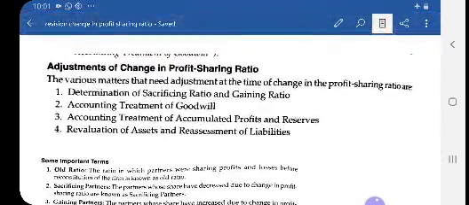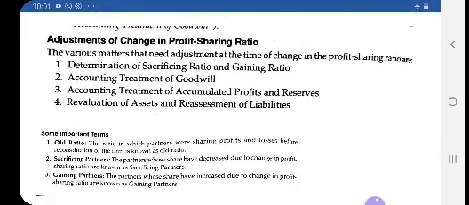Then what will you do? Again the same, you calculate gain and sacrifice first. Second, as I already discussed, you calculate the net amount by adding the credit items of revaluation and deducting the debit items of revaluation. Then you calculate the proportionate amount of gaining and sacrificing, and in the third step you pass the entry: gaining partners' capital account debit to sacrificing partners' capital account.